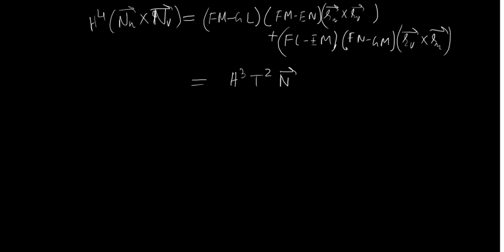So you will get h cube into t square, which would give us n sub u cross n sub v is equal to t square divided by h times n. Again, what does that mean? n is perpendicular to both n sub u and n sub v. Look, that's what we started with and got here.